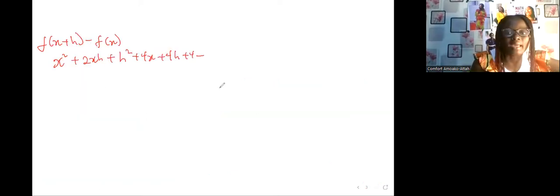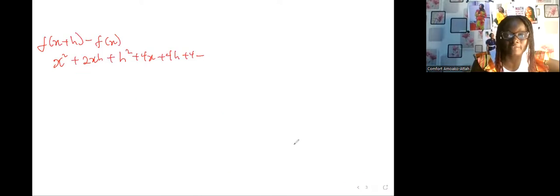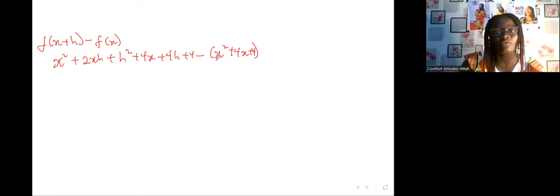Okay, so minus, what did we get for the f of x? We have this, so minus (x squared plus 4x plus 4). Put it in bracket. If you don't put it in bracket, it means that the negative will only affect the first term. It won't affect everything in here.